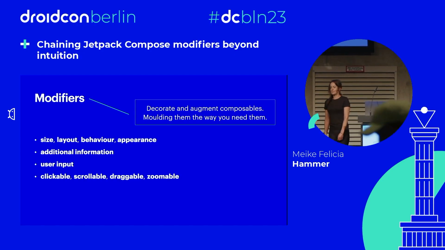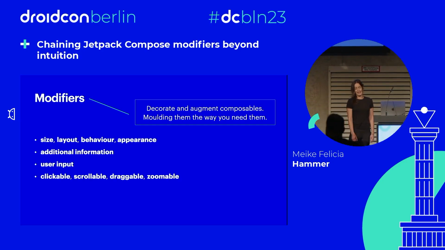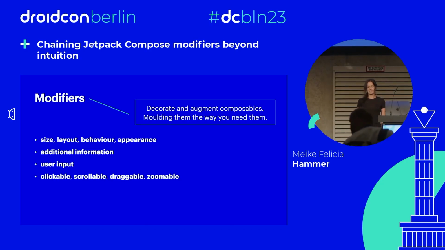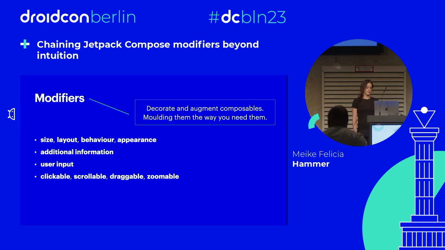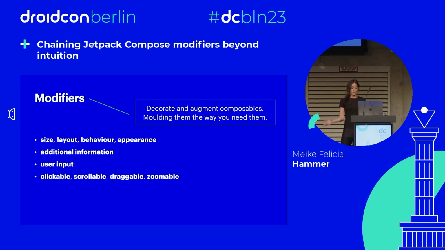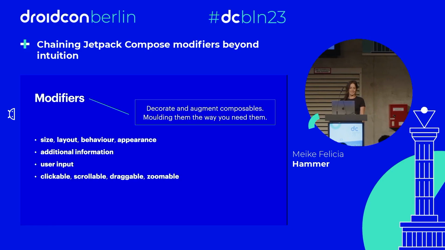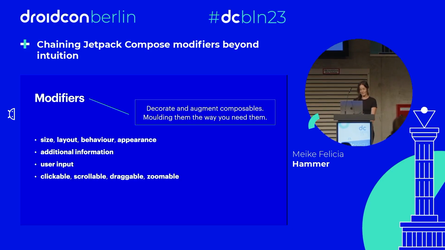Exactly speaking, it means you can change the size of a composable, the layout, its behavior, and also the appearance of our composable, and add additional information like accessibility labels, process some user input, normally, of course, mostly clickable, then scrollable, draggable, or also zoomable if you need it. So that's a large set of options you've got, and huge combinations can happen.